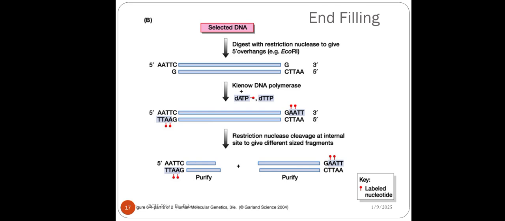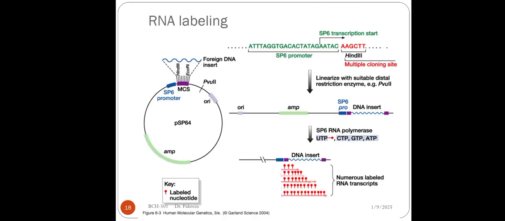In reality, we call terminal those nucleotides which are present at the extreme rear end. But nevertheless, they are also present towards the terminal. So we will get the end labeled DNA. We can then again cut it with restriction endonucleases with an internal cleavage site to generate different sized fragments, the different sized labeled fragments.